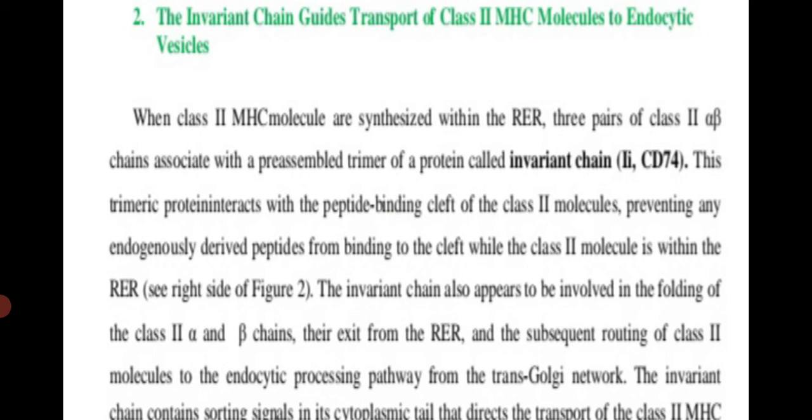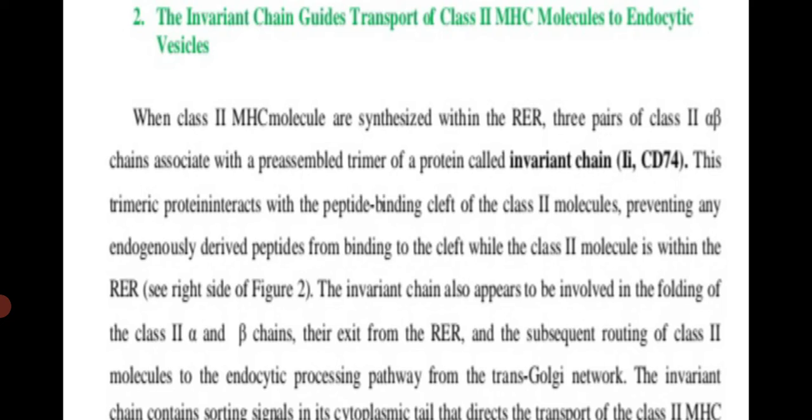This invariant chain protein interacts with the peptide binding groove on a class 2 molecule, and this binding prevents any endogenously derived peptides from binding to the cleft while the class 2 molecule is within the rough endoplasmic reticulum.